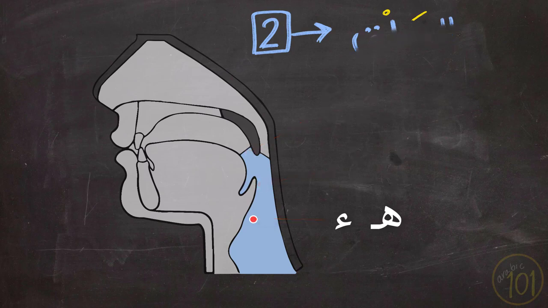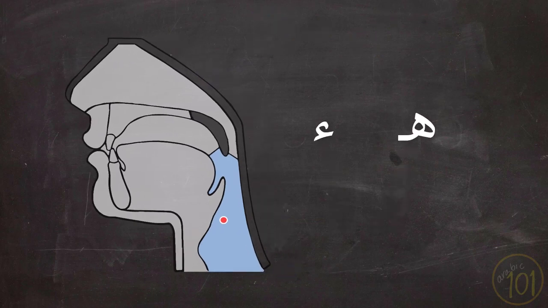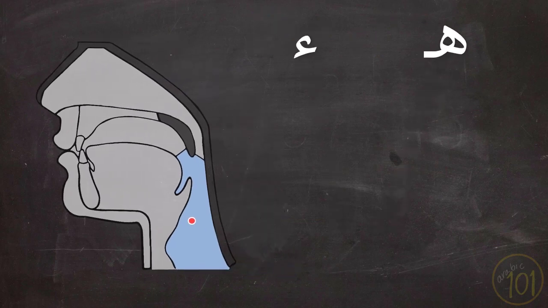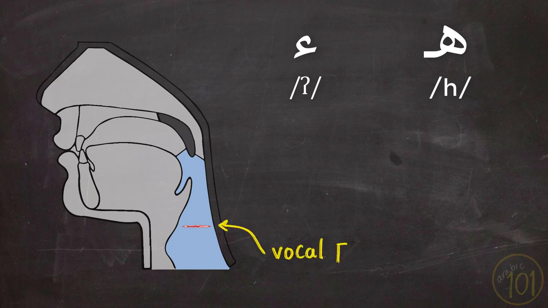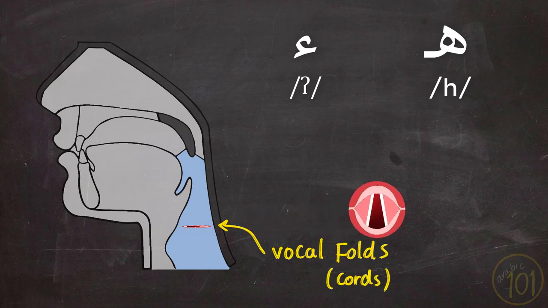The sounds produced by ha and hamza are ha and a. Both of ha and a are produced by controlling your vocal folds. We also call them vocal cords, which are located at the furthest part of your throat.